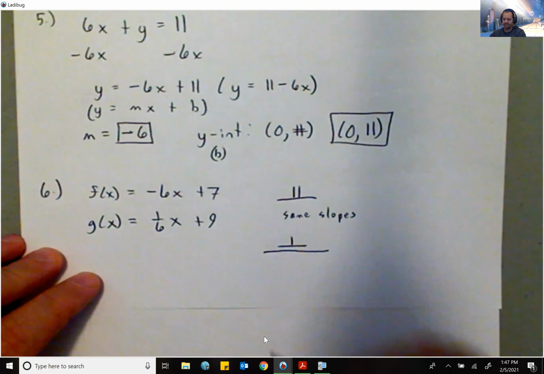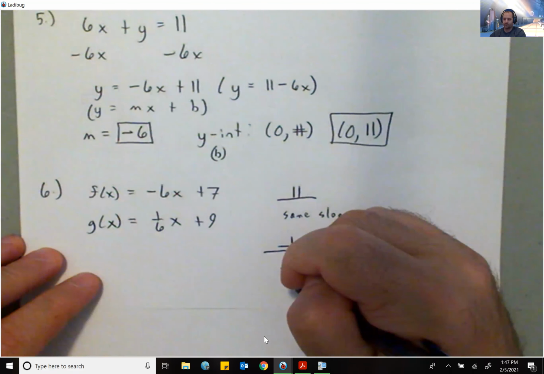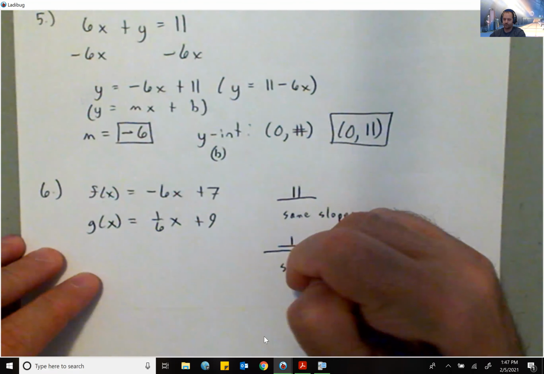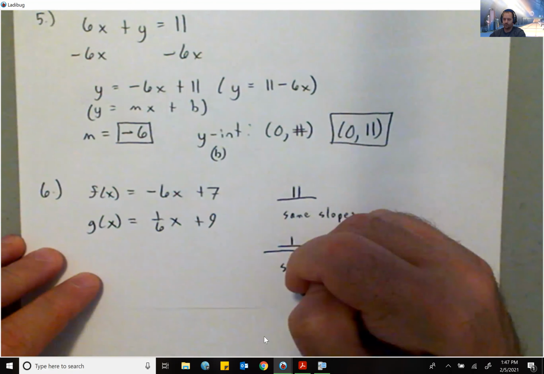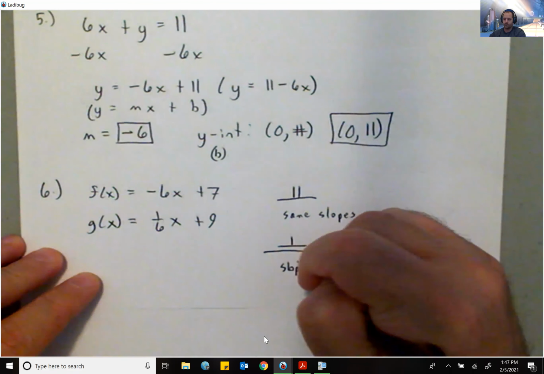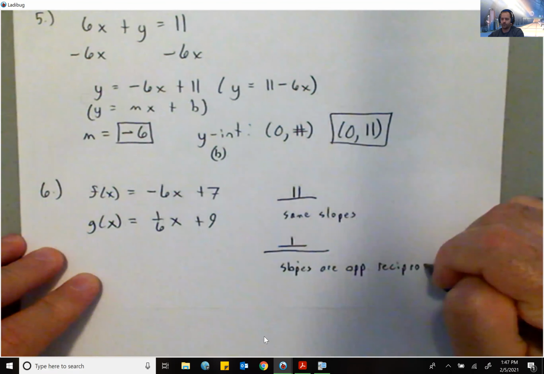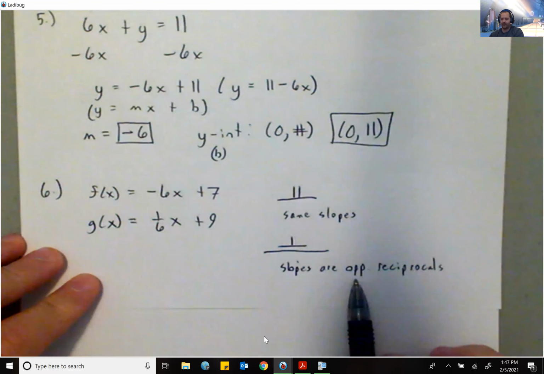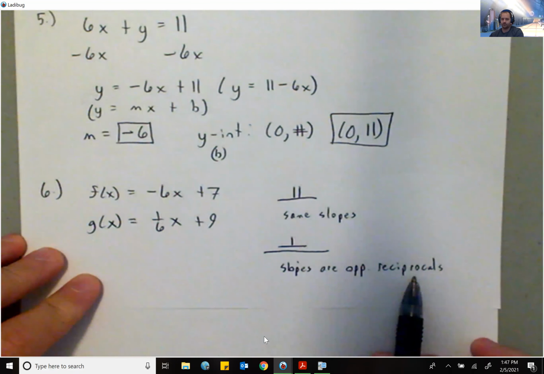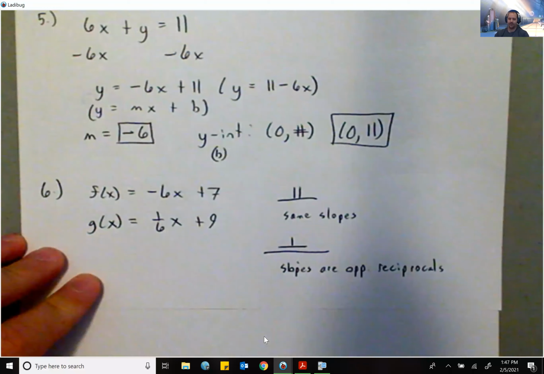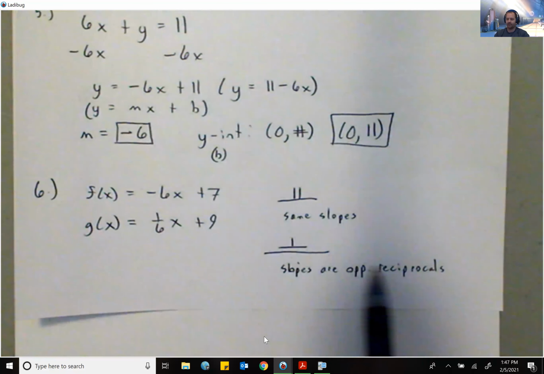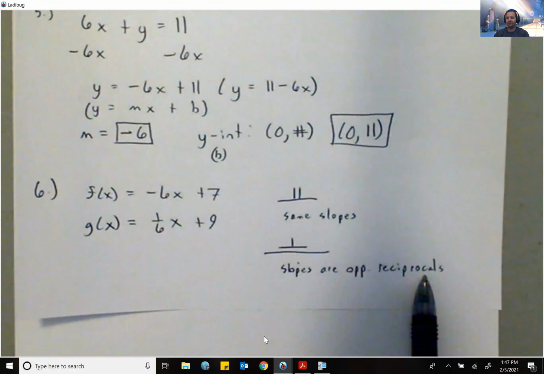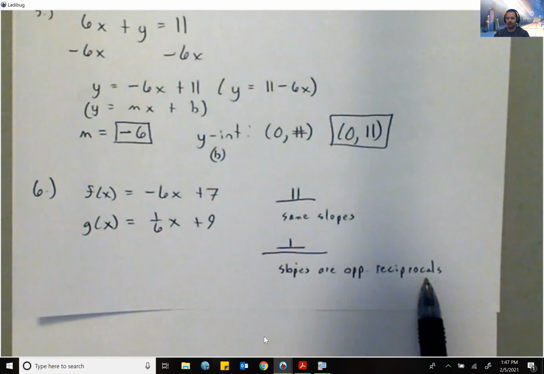Or in other words, the slopes are opposite reciprocals. Or in other words, change the sign and flip it. That's what opposite reciprocals mean. If you're not one of these two, then you're neither.